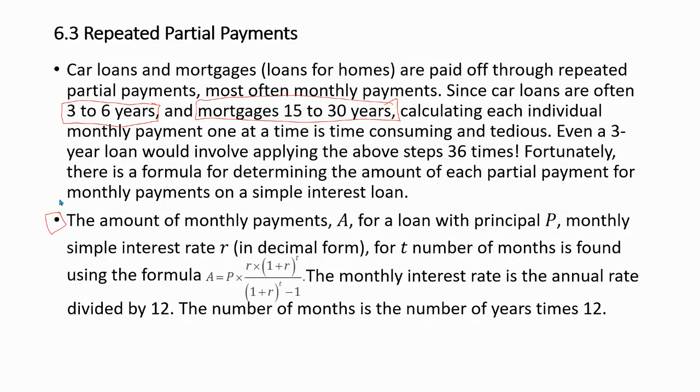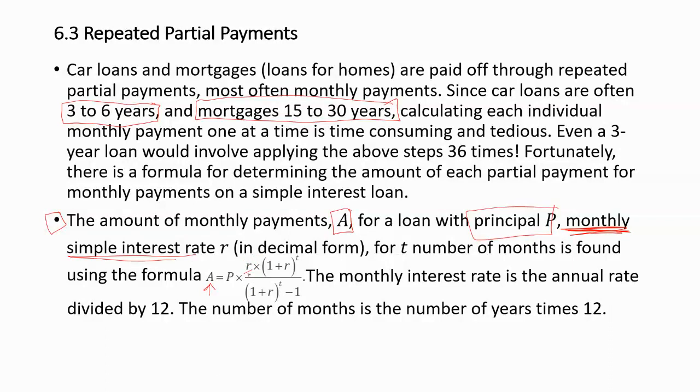So amount of the monthly payments is A. A over here, that's how much your payment will be. Principal is still P. Monthly simple interest rate in decimal form. Please notice that this says monthly simple interest rate. So that means that we have to take this R and divide it by 12.